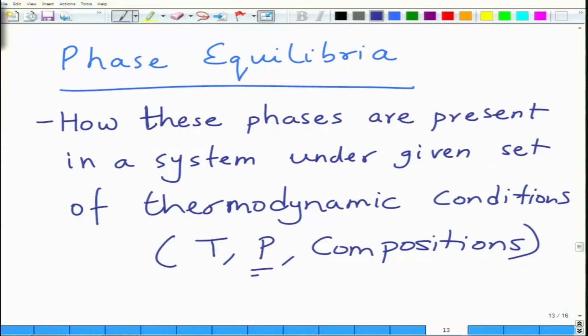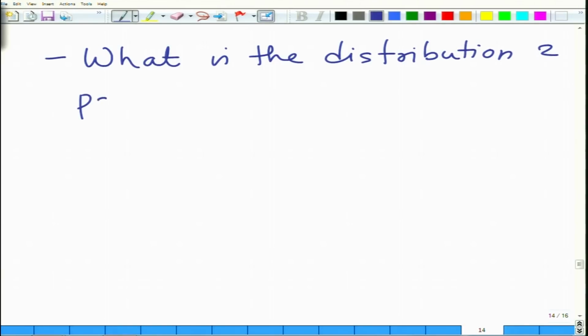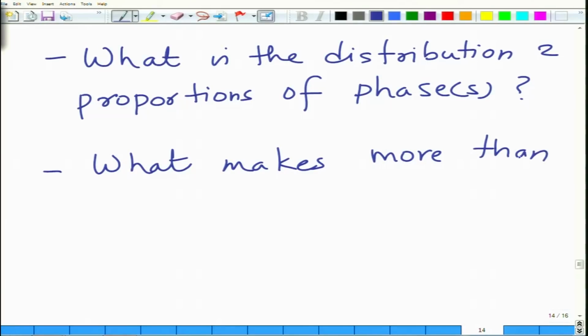And in material science, generally pressure is taken as constant. So we normally worry about temperature and composition. And then what is the distribution of these phases? And what makes more than one phase coexist? These are the questions that we would want to answer as we go along.